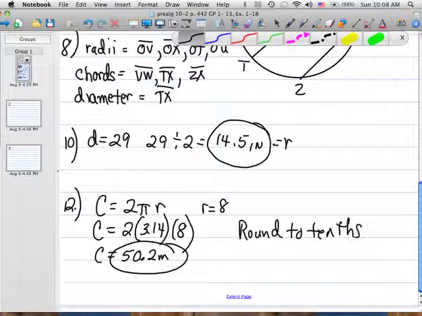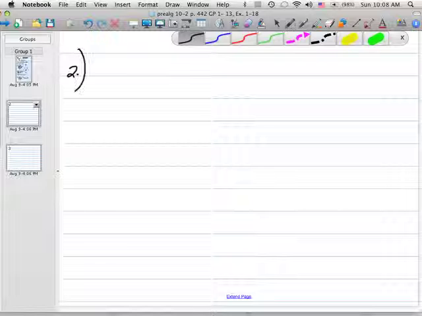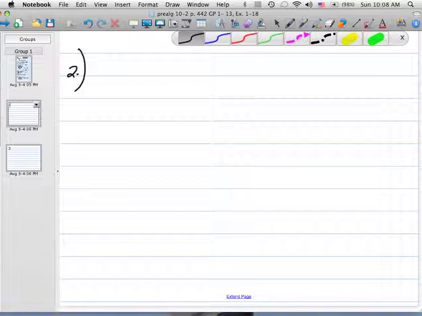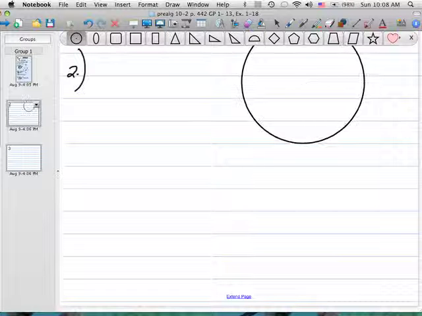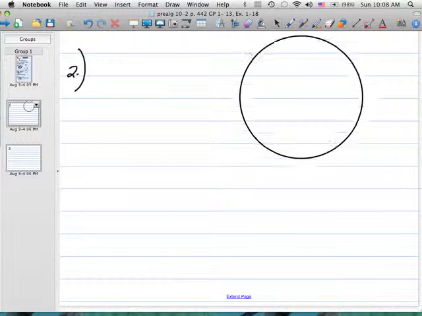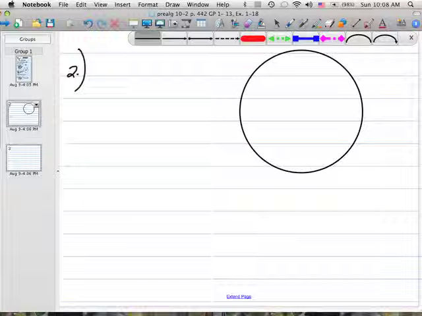Okay, the exercises, number 2. We have a circle again. And it's set up the following way.